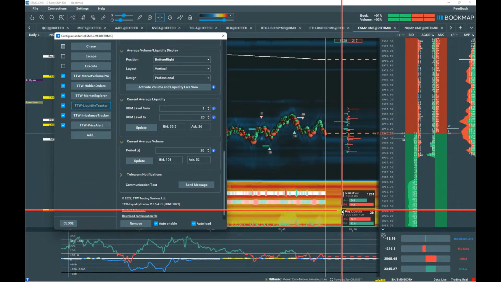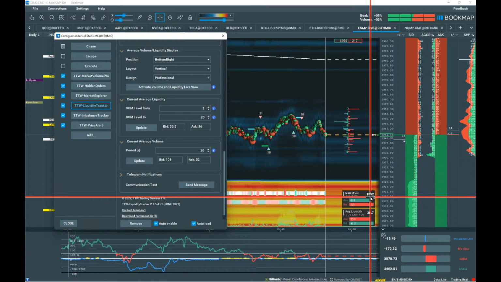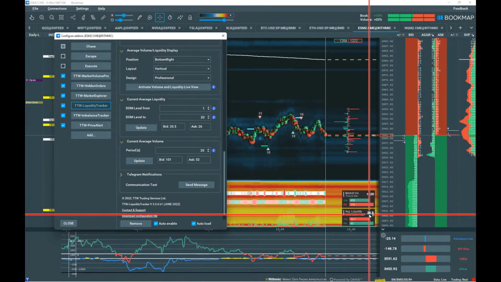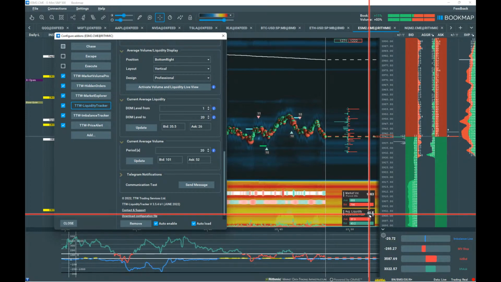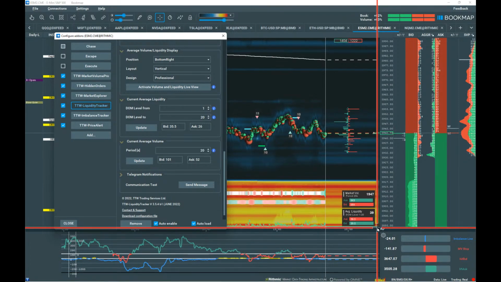And I think it's quite easy to understand that the higher the number in the market volume is, and the lower the liquidity is, the faster the market is. So that has a direct impact on your trading. That has a direct impact on your risk as well.